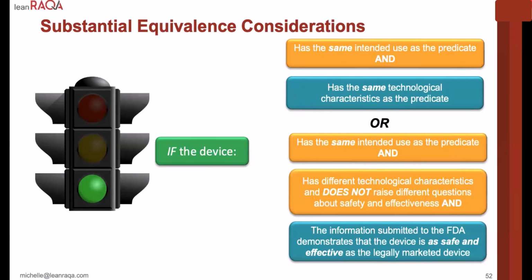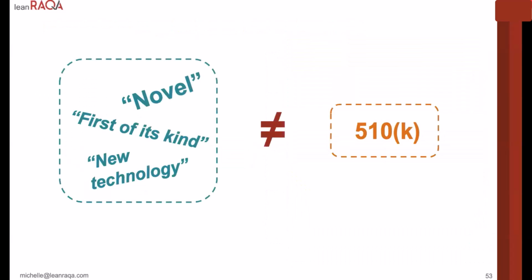So substantial equivalence doesn't mean that your device is identical. It just means that what is different does not raise new questions of safety and efficacy. One thing that's very important to note is to watch the words you use around your technology when you're interacting with the agency.